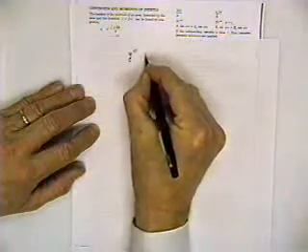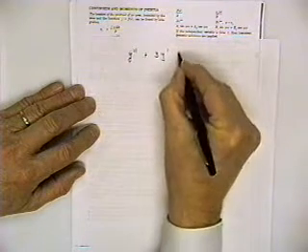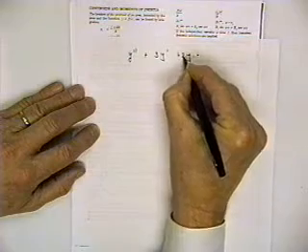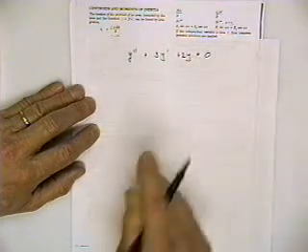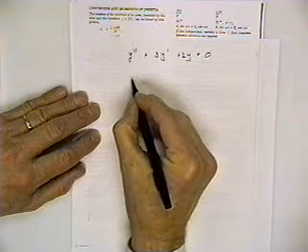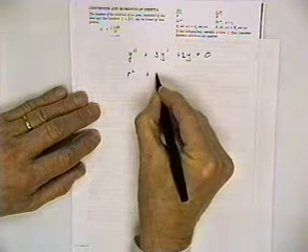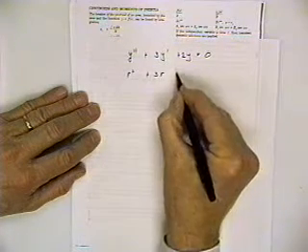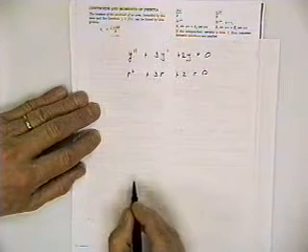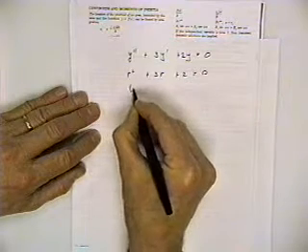y double prime plus 3y prime plus, I want to make that 2y, equals 0. Okay? The equation for the characteristic roots is r squared plus 3r plus 2 equals 0. Now this is an easy one, and I chose it that way because I want you to see how it works.